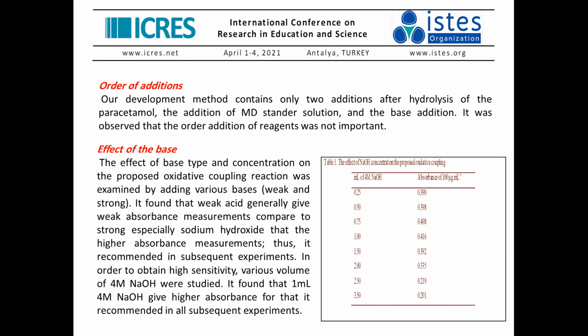As you see in the table on the right, we added different volumes of NaOH and measured the absorbance for 100 micrograms per milliliter of paracetamol. We found that adding 1 milliliter of 4 molar NaOH gives the best absorbance, so that is recommended for all subsequent experiments.